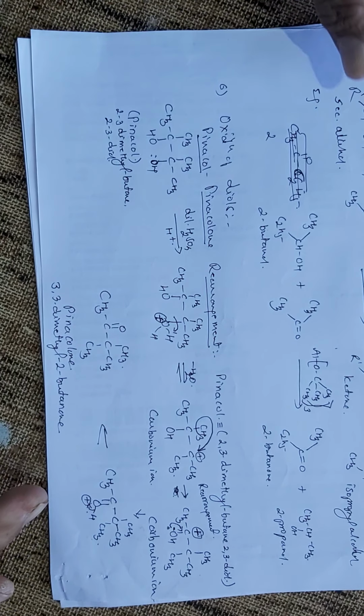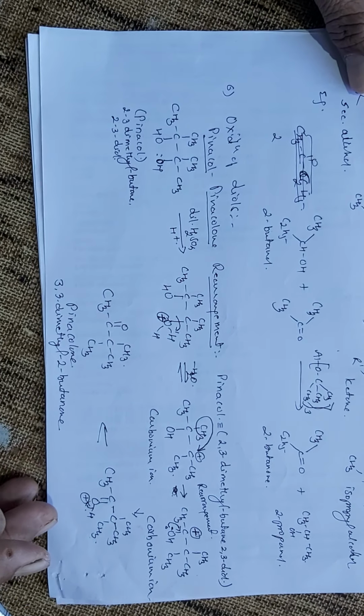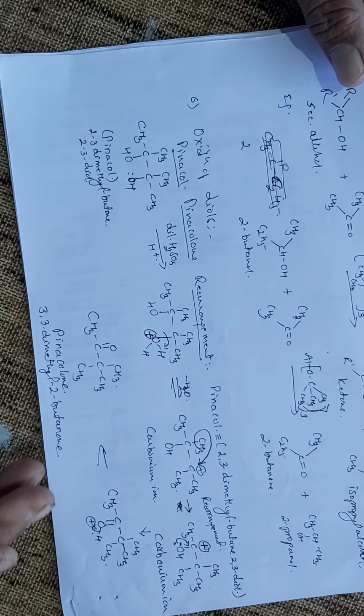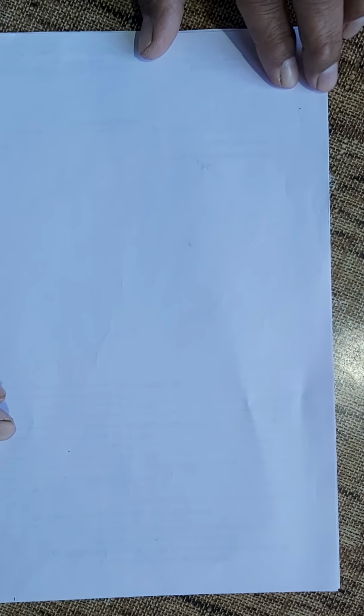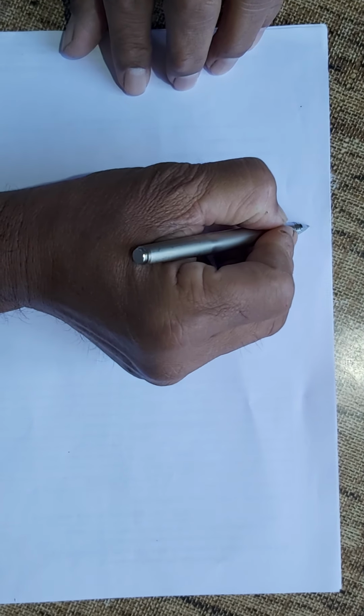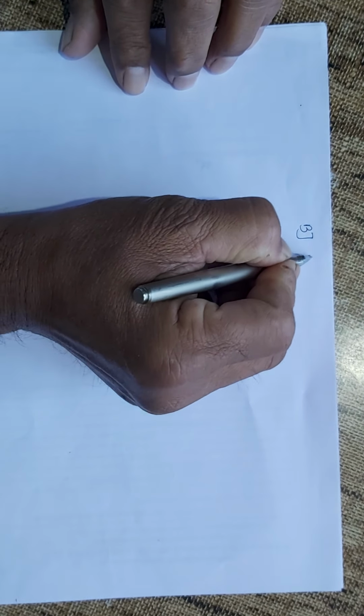And so in this way we finish the first part of this topic, that is the alcohols. And now we turn towards the next part of this topic, that is B, ethers.